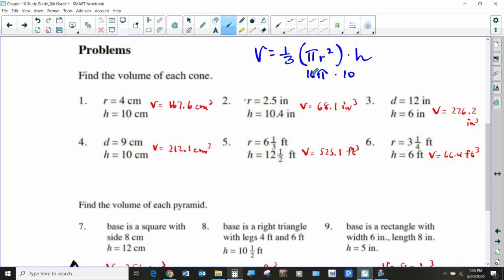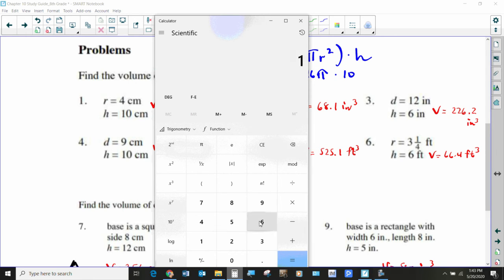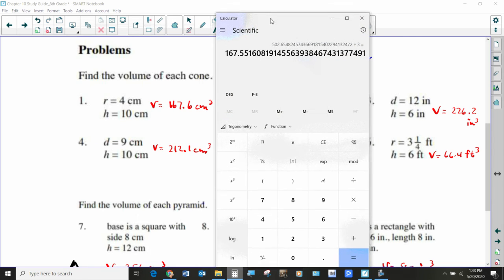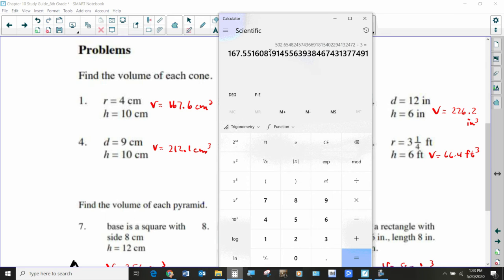It's too bad 16 and 10 aren't multiples of 3, because that would make things easier. 16 times 10 is 160. What is 160 times pi? It is 502.65. Now I'm going to divide that by 3 because it is a cone, not a cylinder. And that's how you get your 167.6.